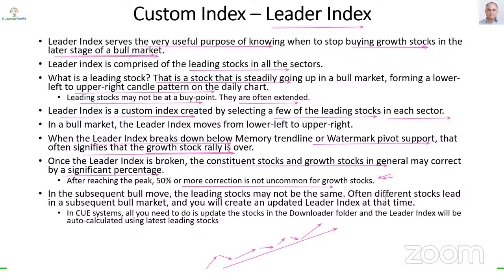How much? The general saying is 50% of them go down by 80% from the peak, and 80% of them go down by 50% from the peak. It's not 80-20, but a little bit different. 50-80, 50% go down by 80%, 80% go down by 50%.